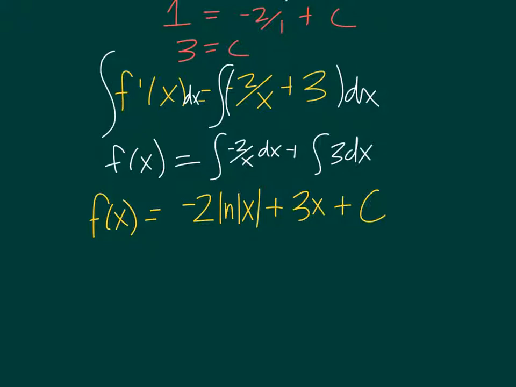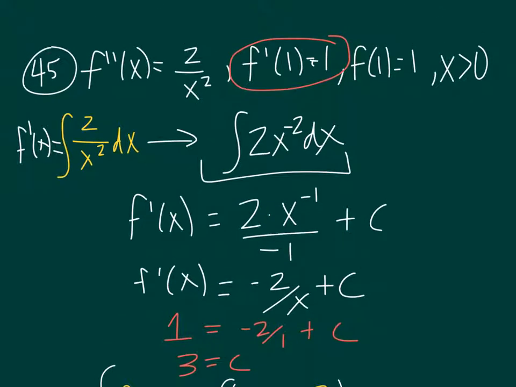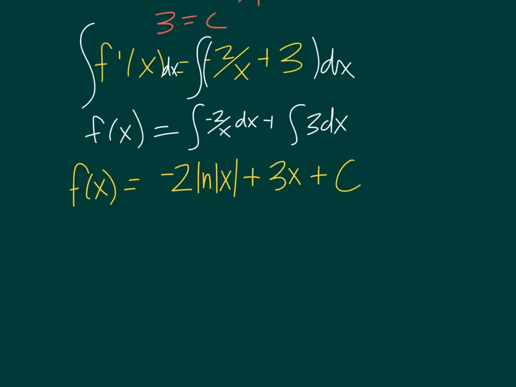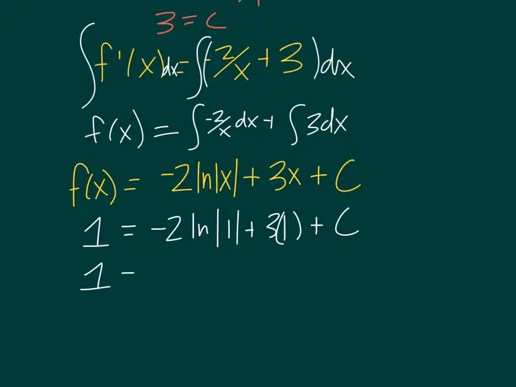I have another initial condition at the top, and that was that f of 1 equals 1. Just circled it in yellow. So I'm going to plug in 1 into my y and plug in 1 into my x and solve for c. Here it is again, the good old natural log of 1, that equals 0.